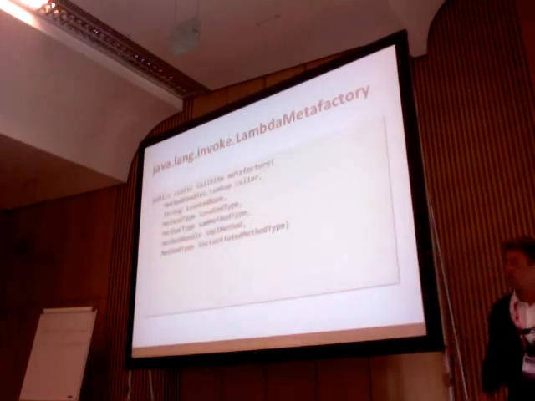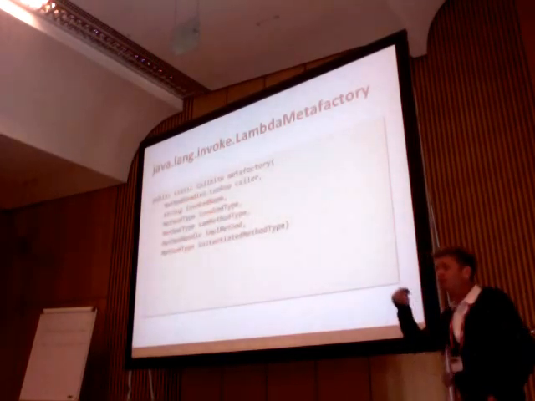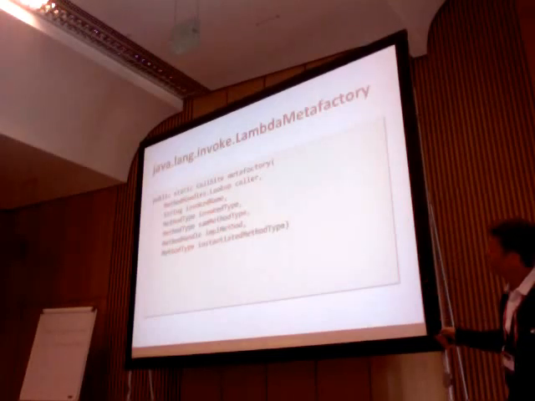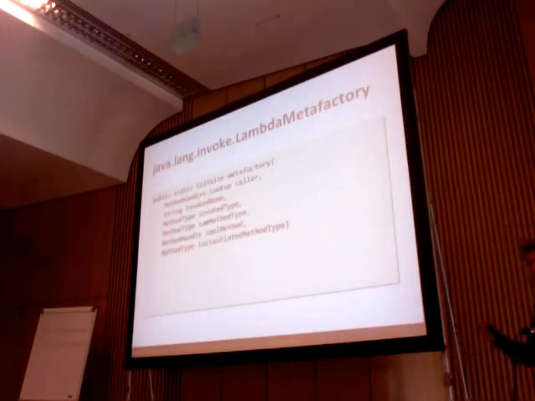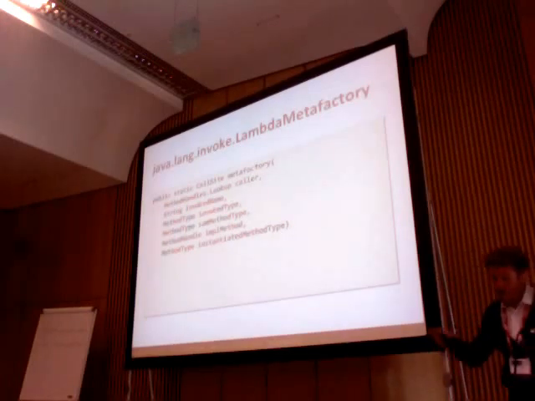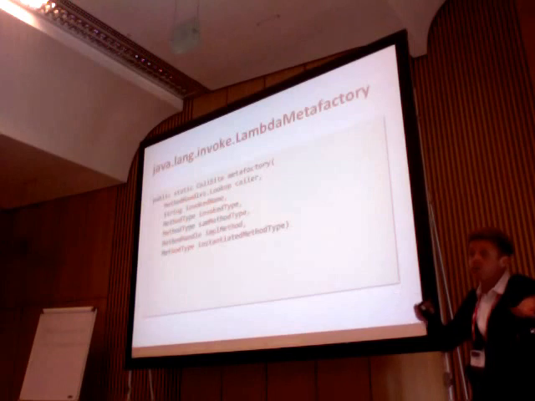This is the API of the LambdaMetaFactory. If you recall the parameters I just listed, this is the caller. This is the lookup context of the invokedynamic call site. This is the name of the method we want to create. The third one is the type, which is basically the signature, the return type and the parameters.